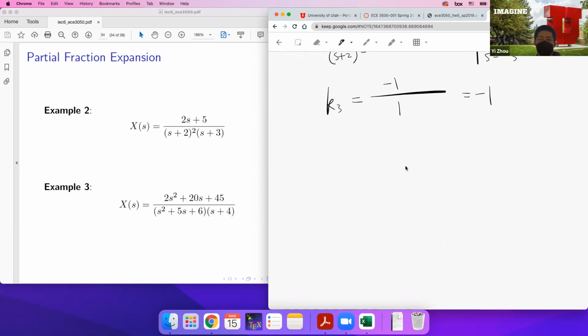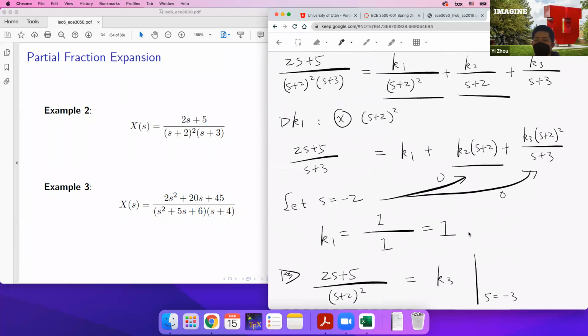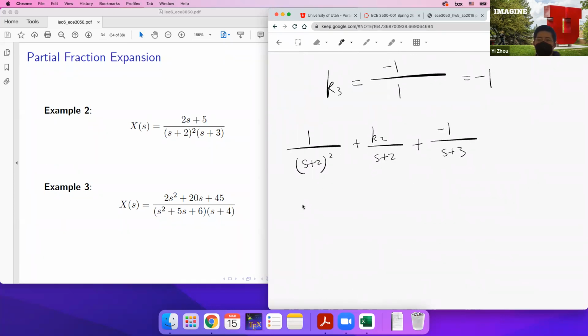So you have 1 over this one, and now you put everything into one big fraction.